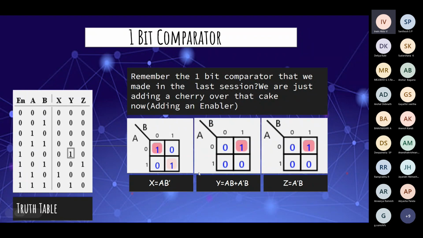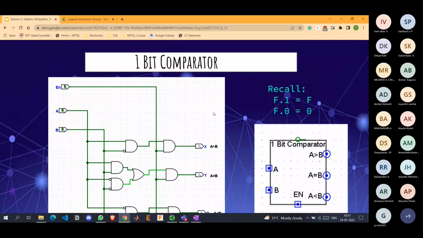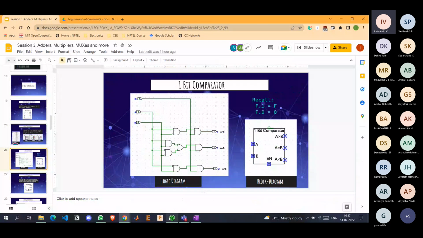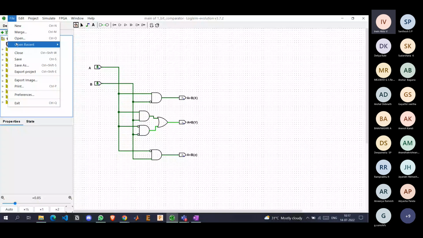Now let's see how we are going to add this enabler. This is the one-bit comparator that we have done yesterday. Now open a new circuit and come back to it.